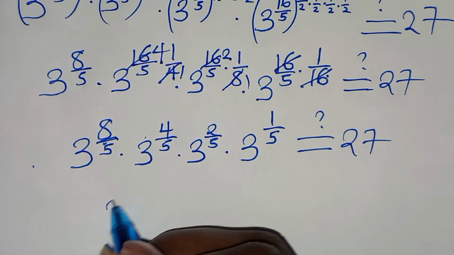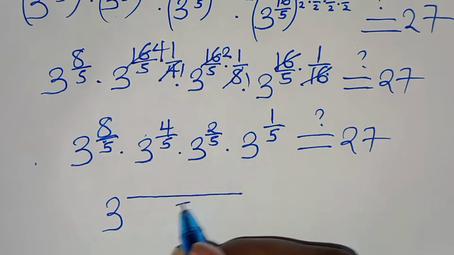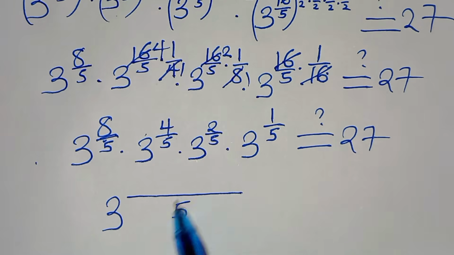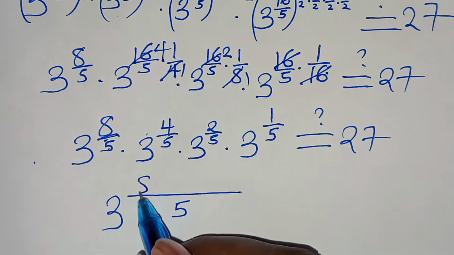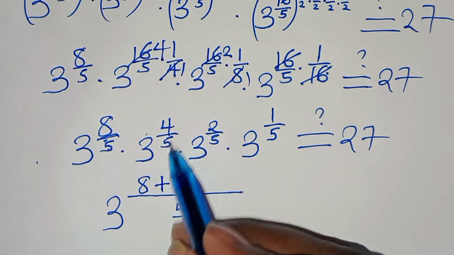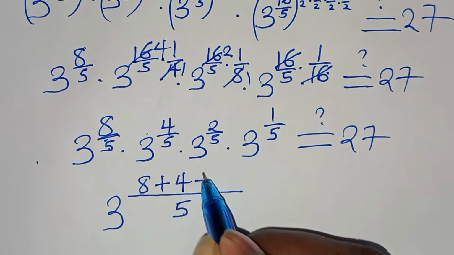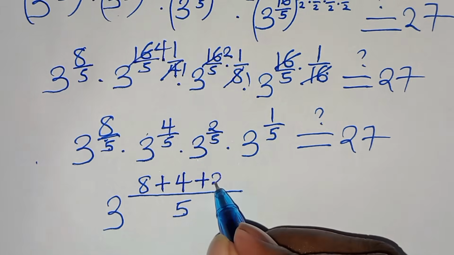So let's determine the LCM here. The LCM is 5. And this implies that 5 divided by 5, this is 1, times 8, this is 8. Then plus 5 divided by 5, this is 1, times 4, this is 4. Then plus 5 divided by 5 is 1, times 2, this is 2.